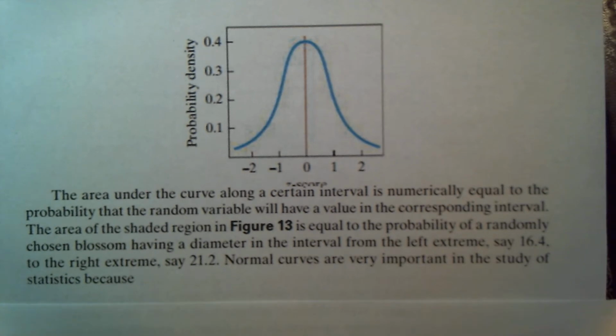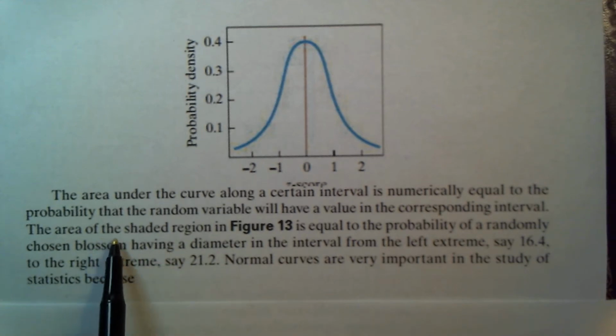Next are some very important observations about the normal curve. Number one, the area under the curve along a certain interval is numerically equal to the probability that the random variable will have a value in the corresponding interval. Okay?